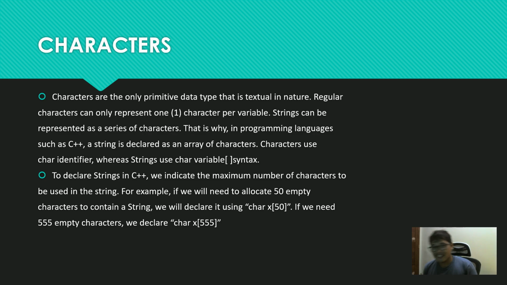Syntax in C++. To declare strings in C++, we indicate the maximum number of characters to be used in the string. For example, if we need to allocate 50 empty characters to contain a string, we declare char x[50].